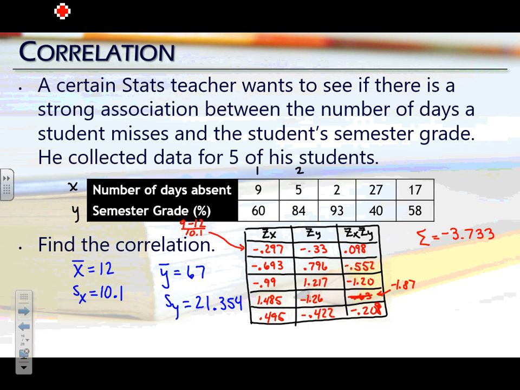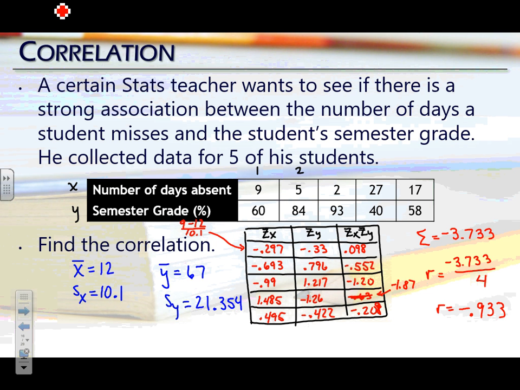Okay, so then the last thing, when I go to find correlation, is take that negative 3.733 and divide by 4. We had 5 observations, we need to subtract 1 from that, right? So degrees of freedom, we subtract 1. So we're going to take negative 3.733 divided by 4. Okay, so negative 0.933.